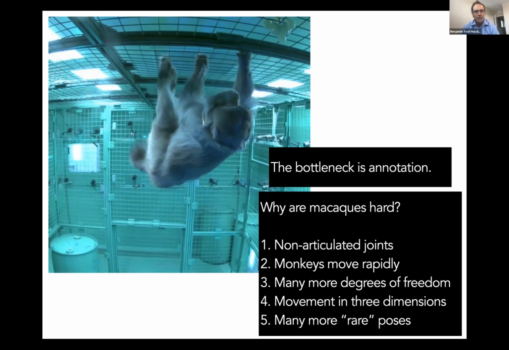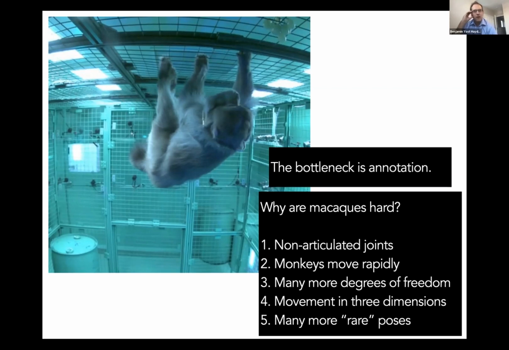Deep learning is really good at looking through its archives for annotated frames that resemble the things on the screen, relating those to each other and using that to make a small leap, but it can't really do big leaps. And so you need to have a very rich database that's going to have all the rare things in it. And monkeys have a lot of very rare activities. So solving that problem is going to really require a huge amount of work.